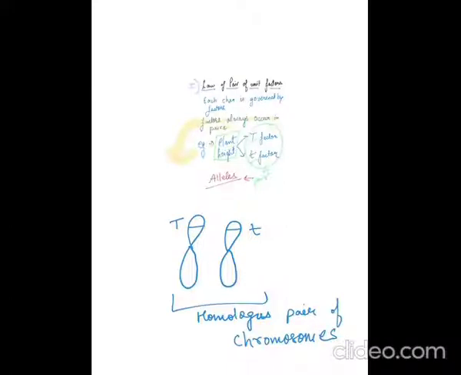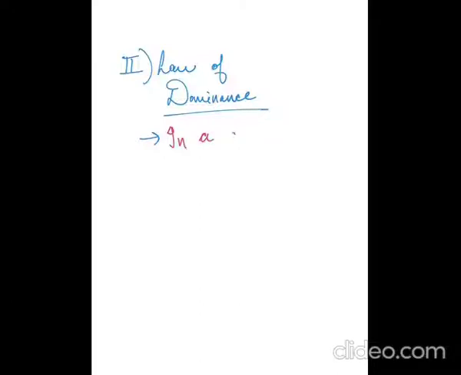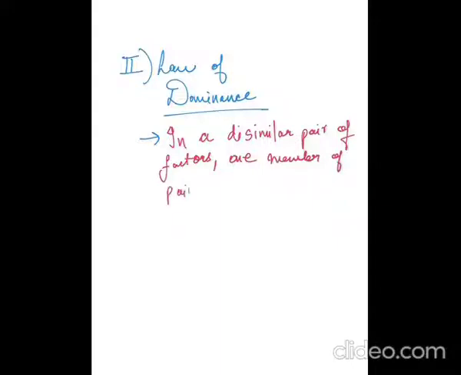And now moving on to our second rule, that is law of dominance. It states that in a dissimilar pair of factors, one member of the pair dominates over the other.